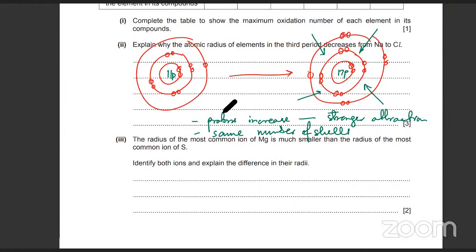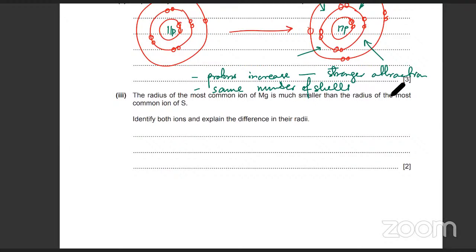Next, the radius of the most common ion of Mg is much smaller than the radius of the most common ion of S. Identify both ions and explain the difference in their radii. So what happens is Mg, when it forms an ion, the Mg ion is smaller. Why is it smaller?